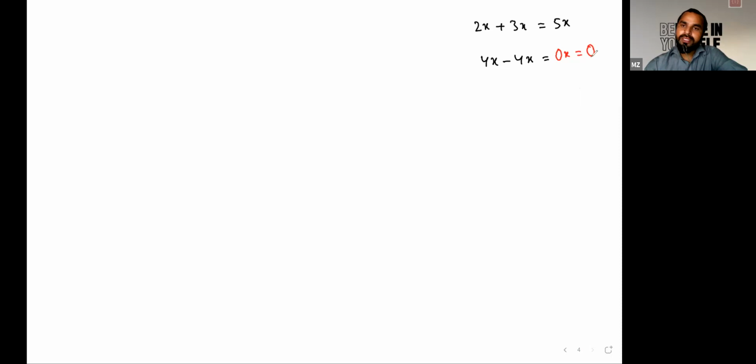Similarly, for dimension analysis, if we have L plus L, it will give you 2 times L. This 2 is a numerical part with no dimension, so we can neglect it and we are left with L. Similarly, L minus L is 0 times L, and 0 is a constant numerical value, so we can simply neglect it and we are left with L only.